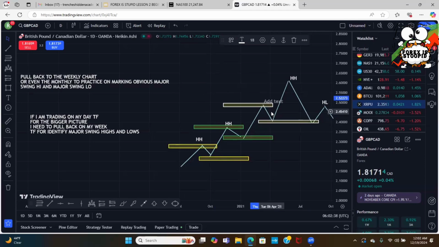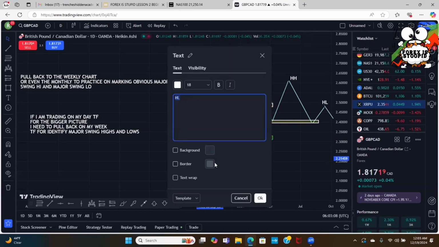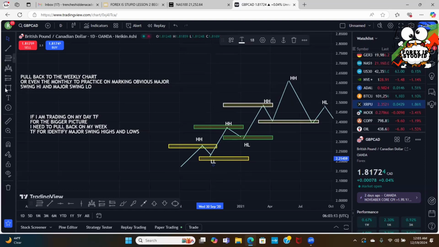And then for your lows, it needs to be a higher low, followed by, I would say it's a lower low because it's the lowest low followed by higher lows. So to keep the confusion down, this would be a lower low followed by a higher low, followed by another higher low.